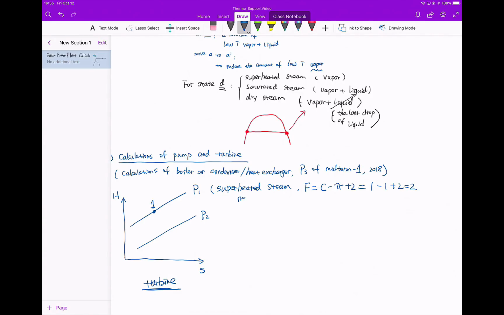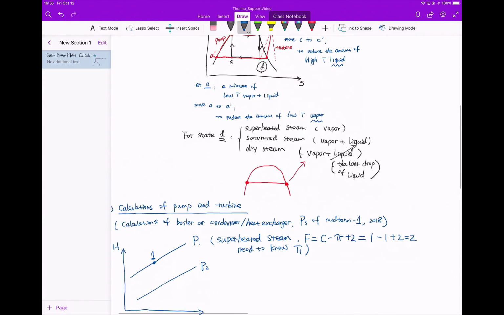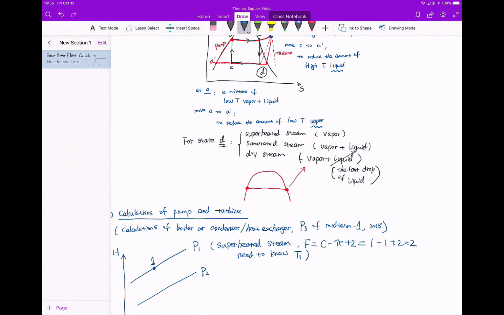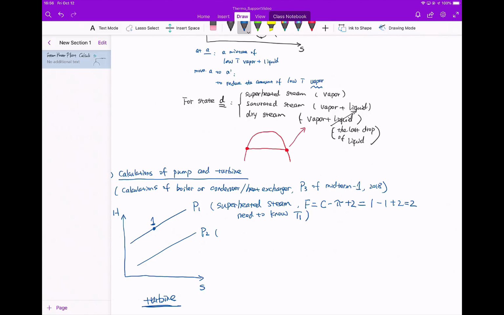So I need to know T1, which is really the case of the problem statement or in our real life. Then for P2 is a little bit complicated, which is corresponding to the state D, but quite often we are going to deal with saturated steam.